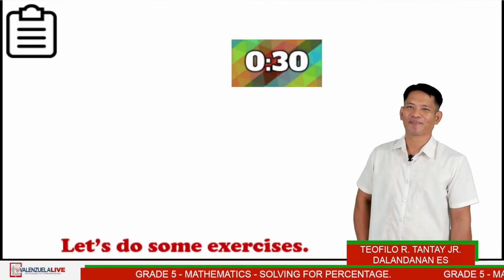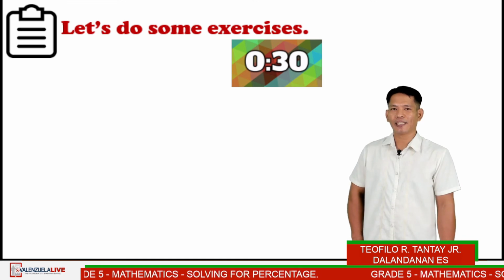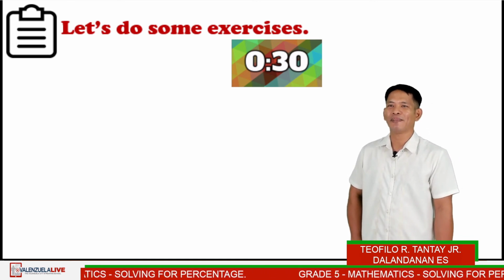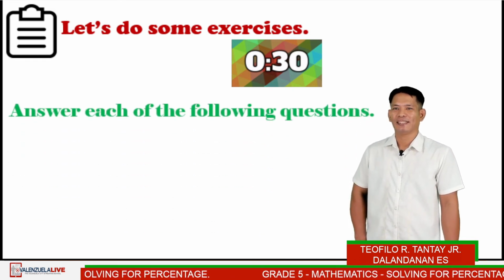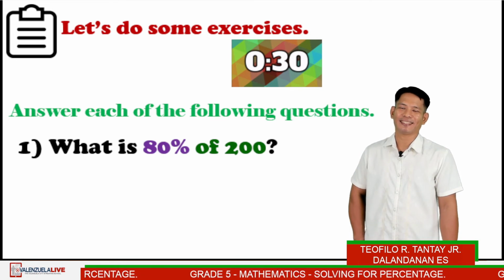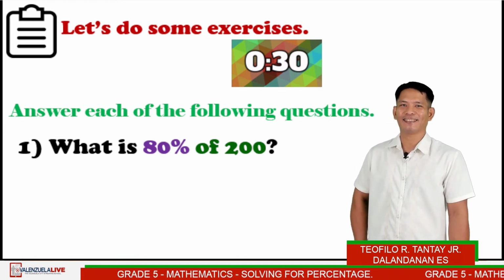Next one. Let's do another exercise. This time we have 30 seconds to answer each problem. Number 1. What is 80% of 200? 30-second timer starts now.